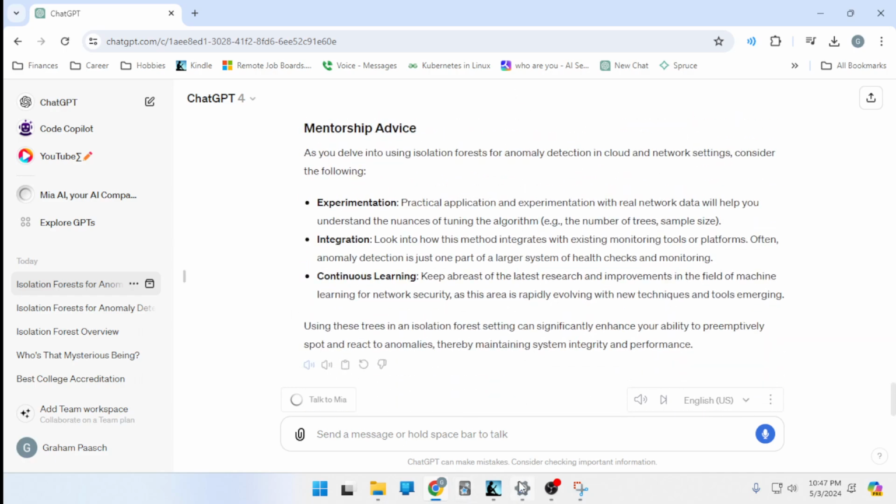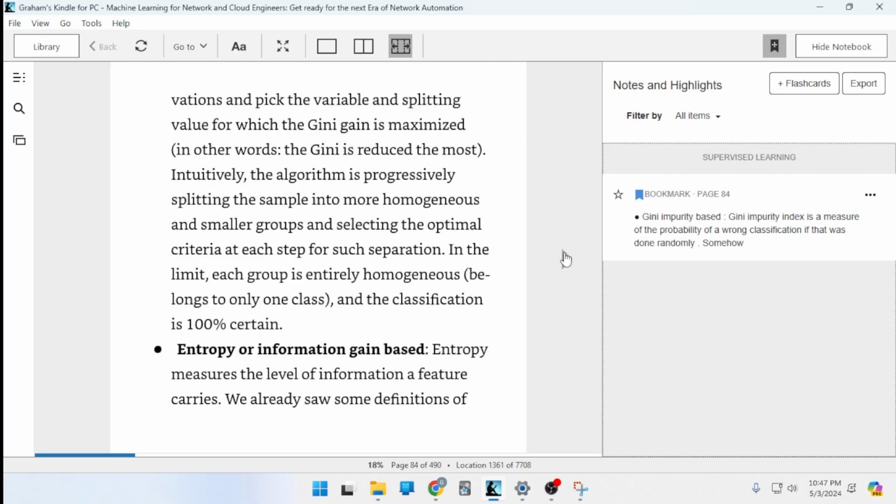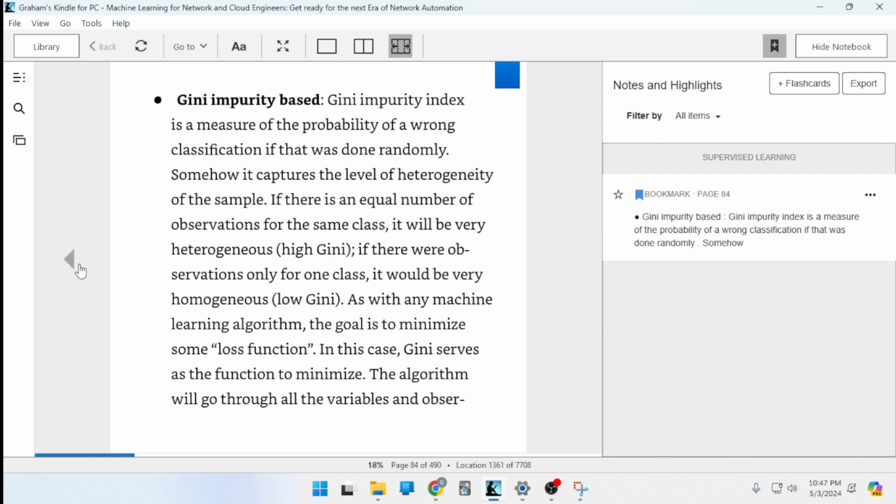Alright, so I'm back. Next part of the book is, what are the criteria for making such divisions? For classification trees, there are usually two strategies that ultimately have a lot in common. The first strategy is the Gini impurity based. Gini impurity index is a measure of the probability of a wrong classification if that was done randomly.